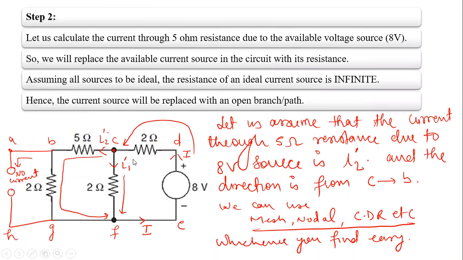Now this I current is dividing at this particular junction C. We have I1 dash and I2 dash. So I2 dash is I, the main current, into the resistance of the branch parallel to this branch. Now we have CF. Now CF is parallel to the CBG branch, this one. So we will multiply this I with 2 ohm.